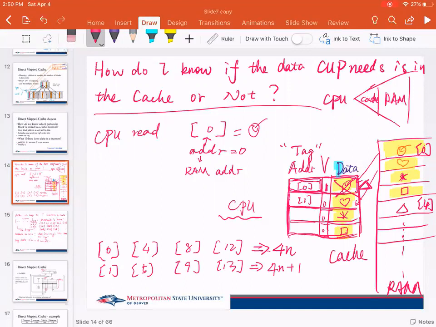So that basically means when you look at the cache, where your data is placed inside of the cache is called the cache index of the data. The cache index of the data actually represents the lower bits of the address.